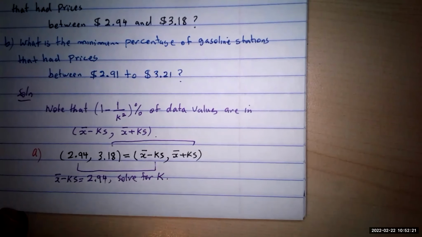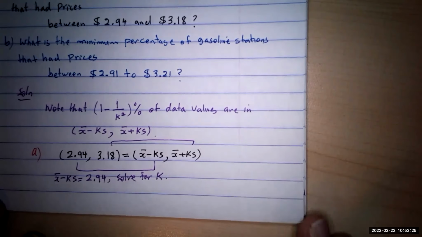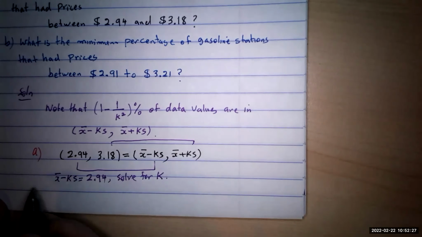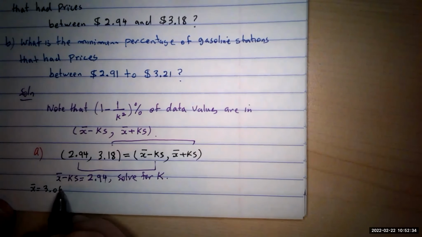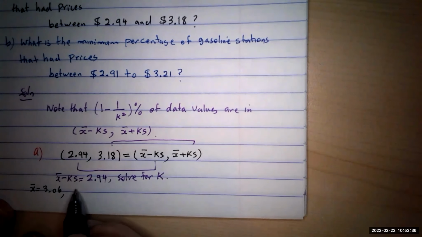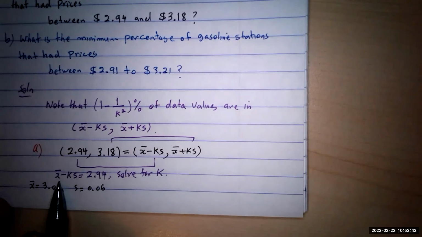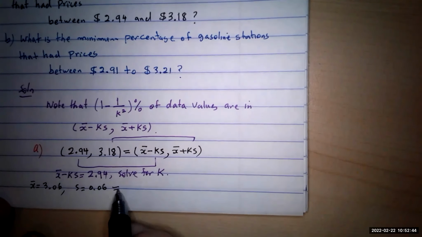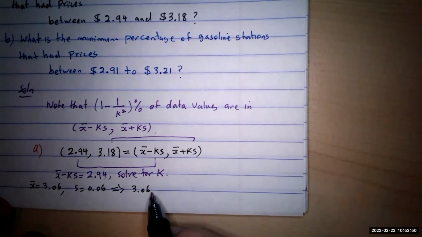So we need to put in the X bar, the average price of the gas stations. X bar is equal to 3.06, given to you. And the standard deviation of all the gas stations was 6 cents, so it's 0.06. Substitute here and solve for K. You have to be careful, there are going to be decimal numbers all the time.